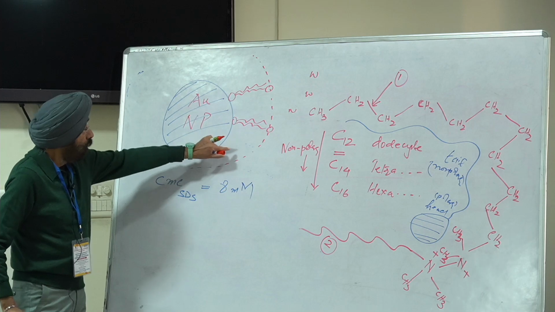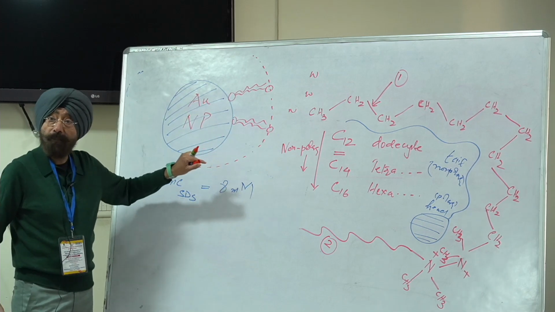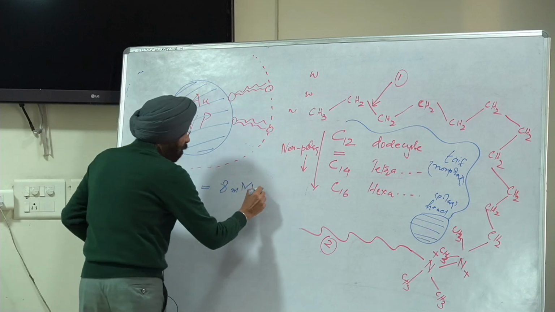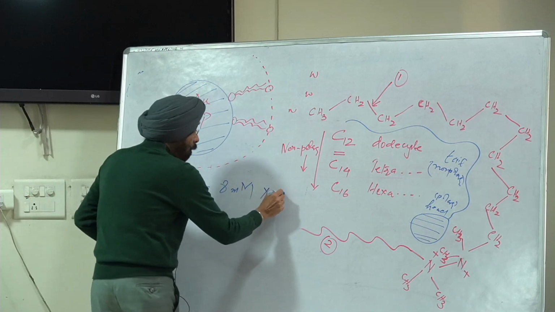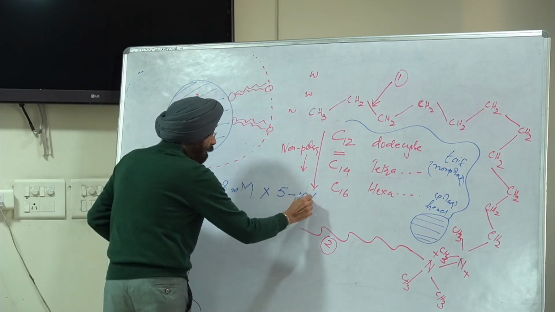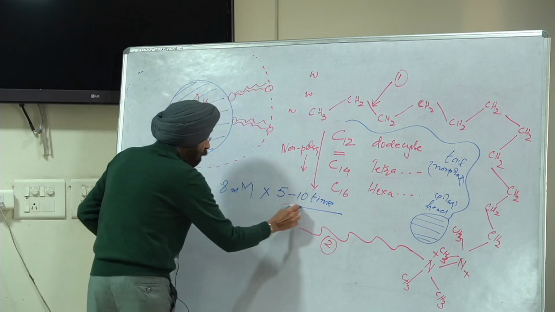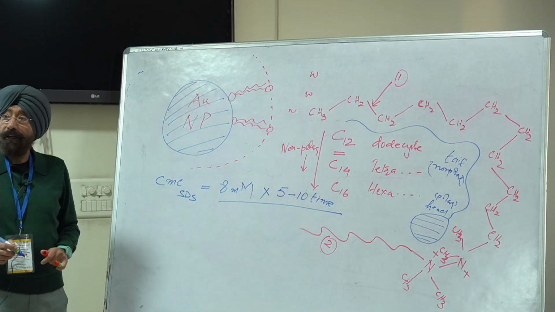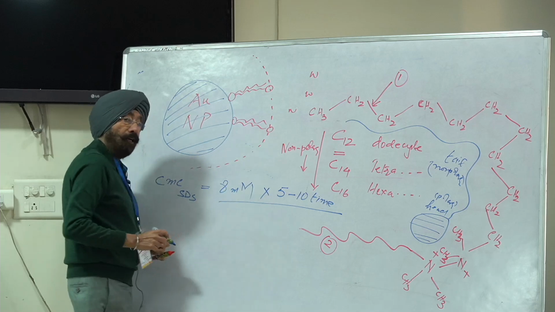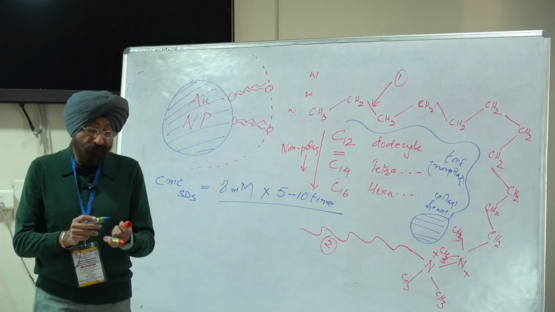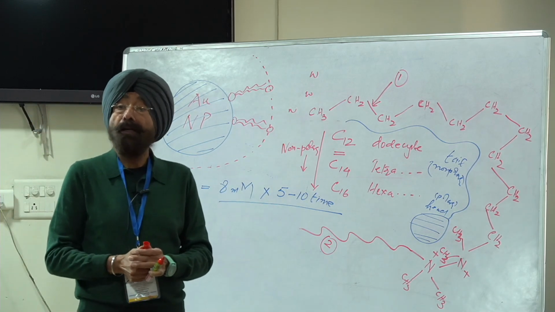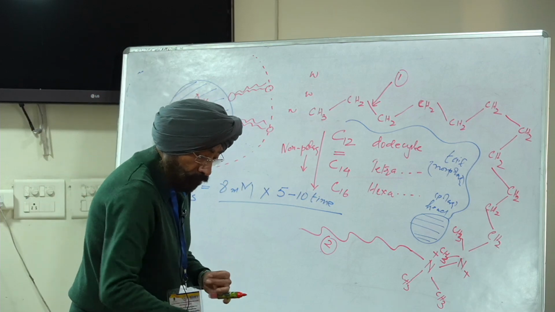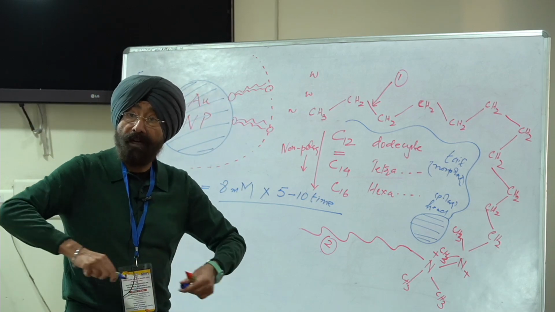If I use SDS to create the bilayer to stabilize the nanoparticle, then I would prefer to have at least 5 to 10 times the concentration of the 8 millimolar. From my experience, I would prefer to keep the concentration much higher than the critical micellar concentration. How does that help to create the bilayer?